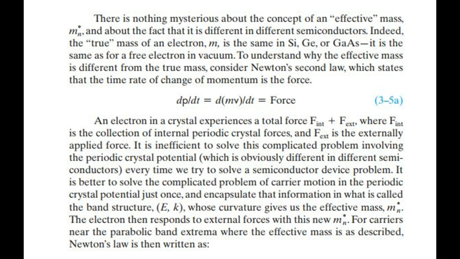It is better to solve the complicated problem of carrier motion in the periodic crystal potential just once, and encapsulate that information in what is called the band structure, E(k), whose curvature gives us the effective mass, m*n. The electron then responds to external forces with this new m*n.